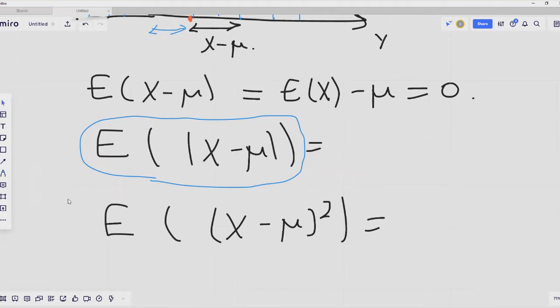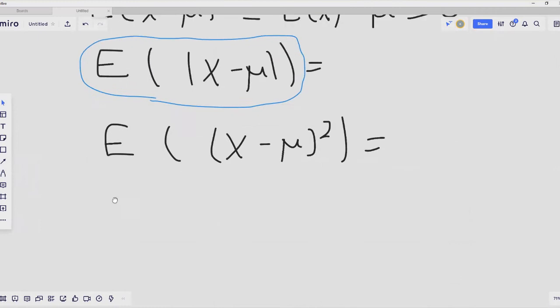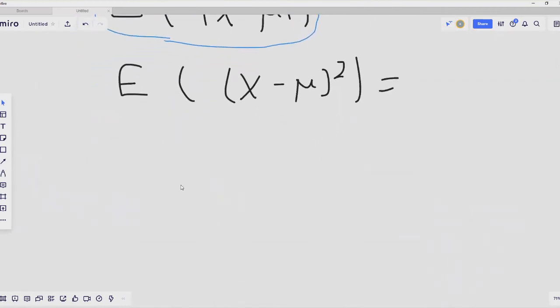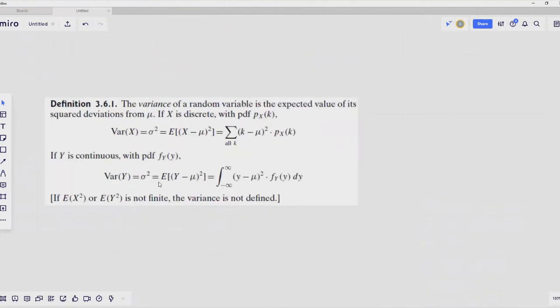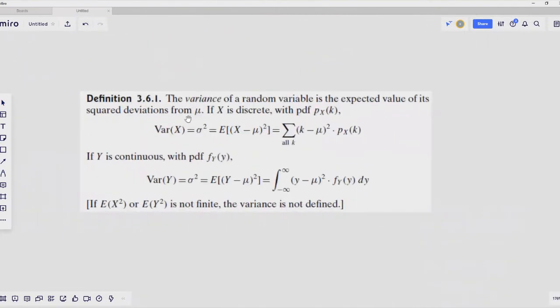Which brings us to the following definition of the measure of spread known as the variance. The variance of a discrete random variable is calculated as the sum over all values k of (k minus mu) squared multiplied by the PMF of x.